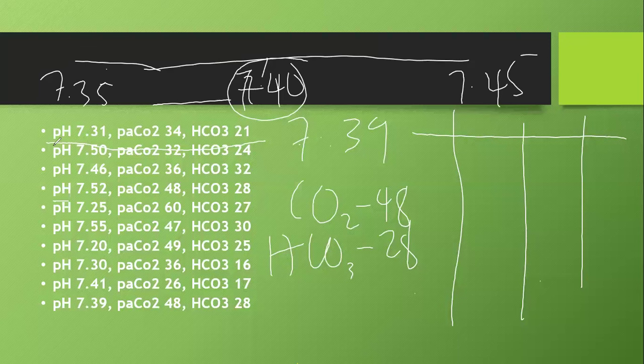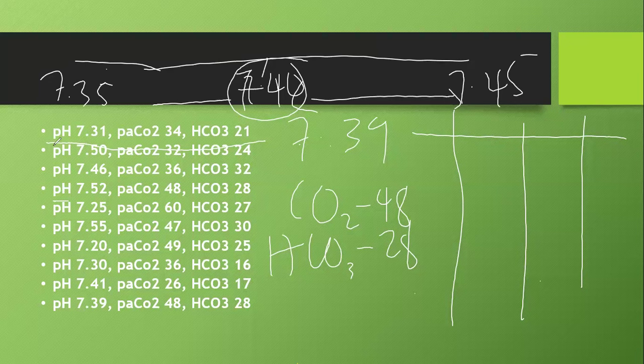Even though it is normal, if it is between 7.40 to 7.45, it is going towards more of what we call the base. So we say a base in that instance, even though it is normal, it is considered as a base. And so that is where you think of partial compensation.